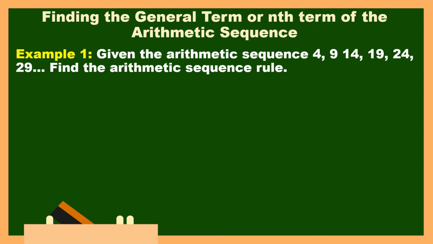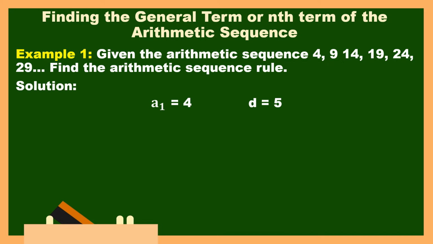So, dito sa ating example, ang ating first term ay 4 at ang common difference is 5. Kasi nga, 9 minus 4 is 5 and 14 minus 9 equals 5, 19 minus 14 equals 5, and so on. So, kung napansin nyo, pare-pareho yung kanilang difference which is 5. Kaya, ang common difference ay 5.